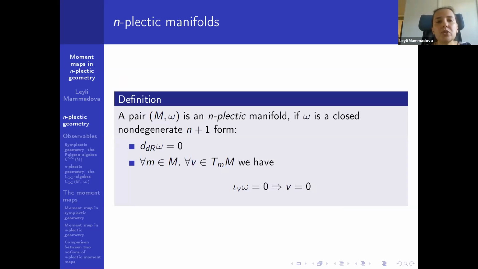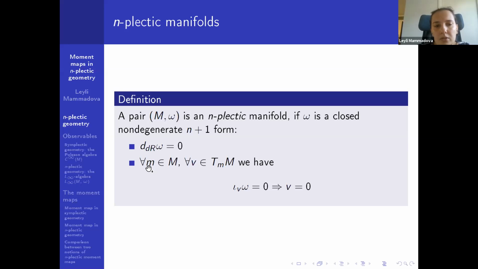Right. So what is an emplectic manifold? An emplectic manifold is a smooth manifold equipped with an n+1 form that is required to be closed, so the de Rham differential of the form vanishes, and non-degenerate in the following sense.